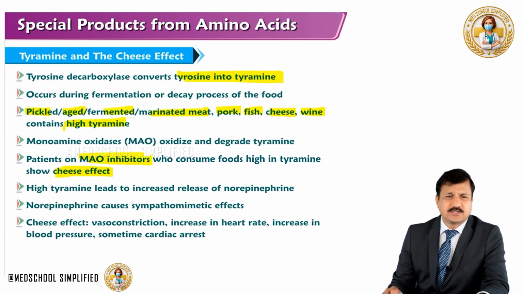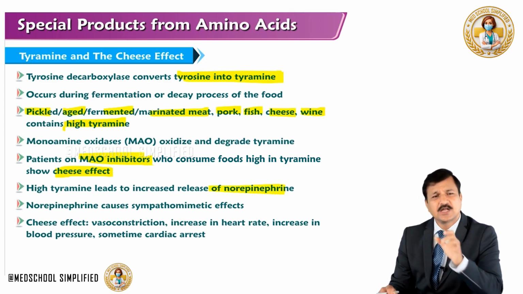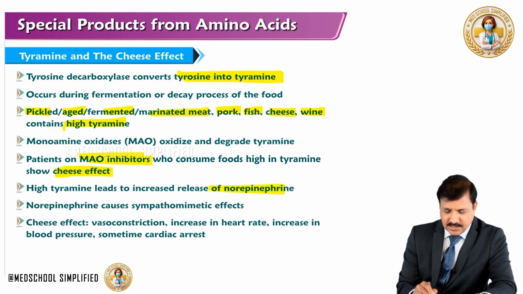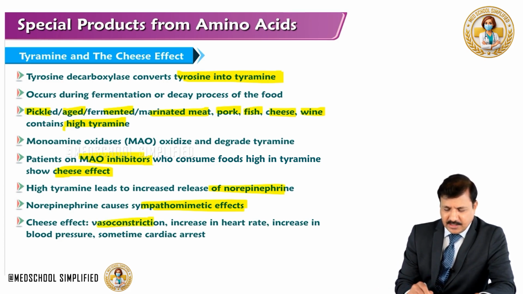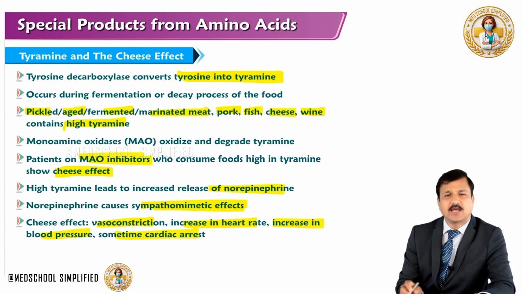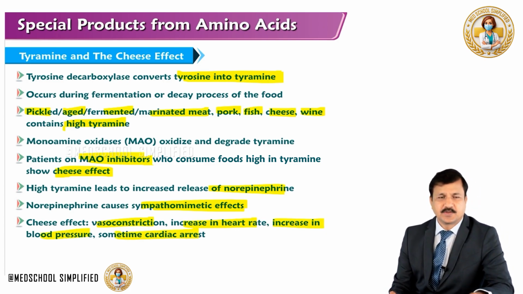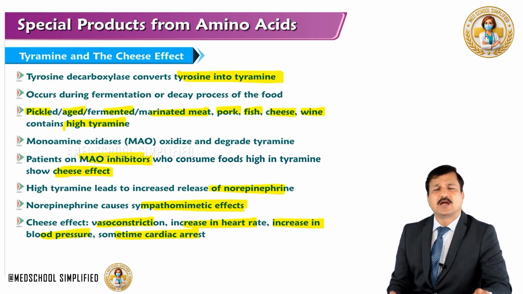So what happens in cheese effect? High tyramine is going to release norepinephrine, and this norepinephrine causes sympathomimetic effects, and the sympathomimetic effects are vasoconstriction, increase in heart rate, increase in blood pressure, and sometimes it can lead to cardiac arrest. And these effects we refer to as a cheese effect.